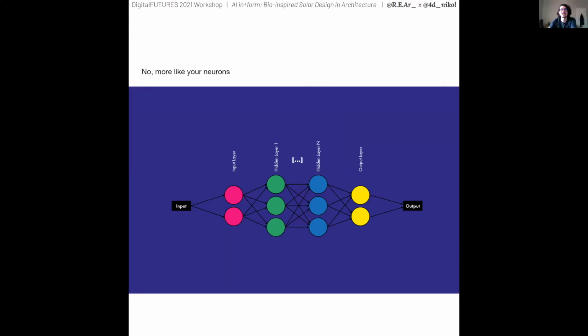Through every layer, the characteristics that are important for the neural network become more and more clear, and they can be used to generate something else in the output.